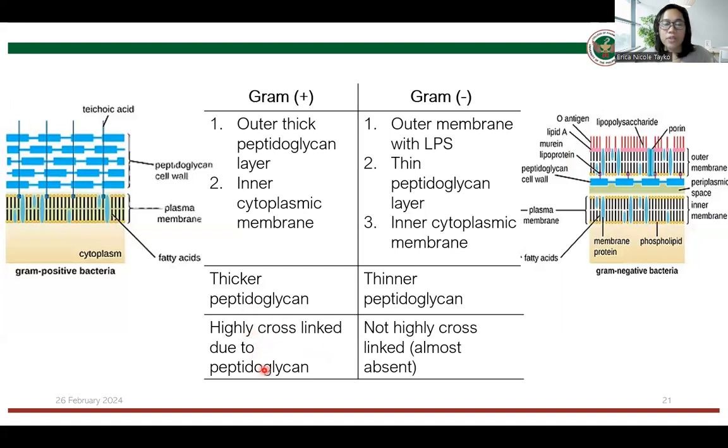Therefore, there is a presence of cross-linking doon sa cell wall. Okay? So, we'll look at dito naman sa gram-negative, since medyo thin lang yung kanyang peptidoglycan, cross-linking is not usually observed and sometimes it is absent. So let's look at the importance of this concept of cross-linking within the peptidoglycan cell wall.